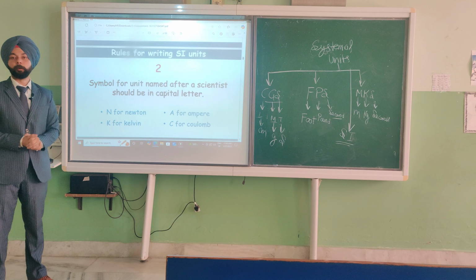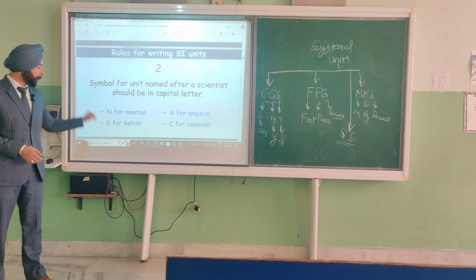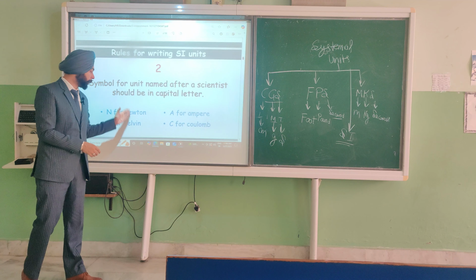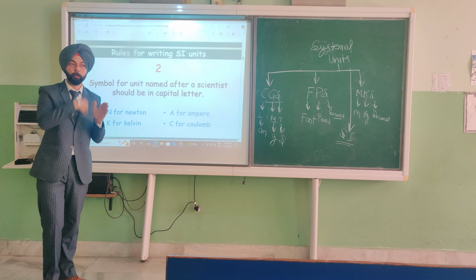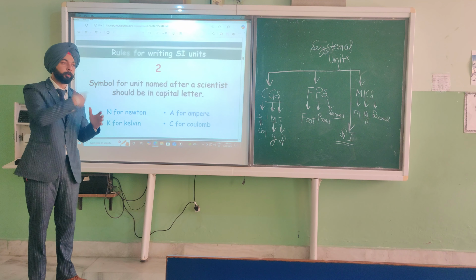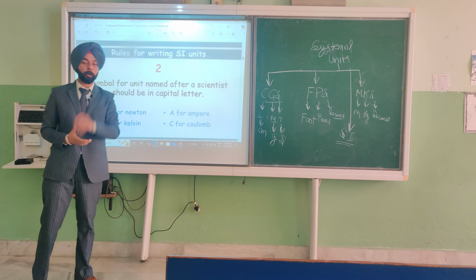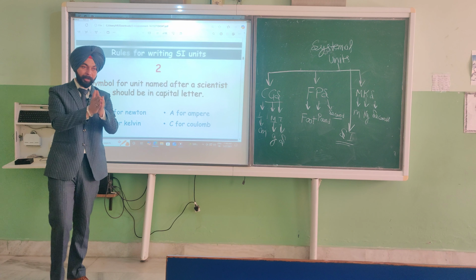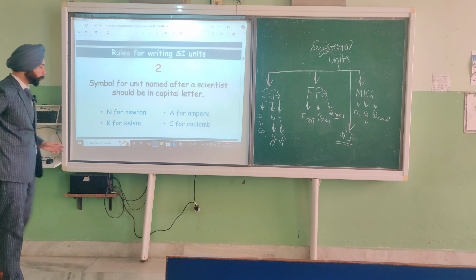Capital N for newton, not a small n. Capital K for kelvin, not a small k, because Newton, Kelvin, Ampere, Coulomb are scientists who introduced the units. Capital A for ampere, capital C for coulomb. The symbol is in capital letter and the full unit in small letter. These are the two rules.